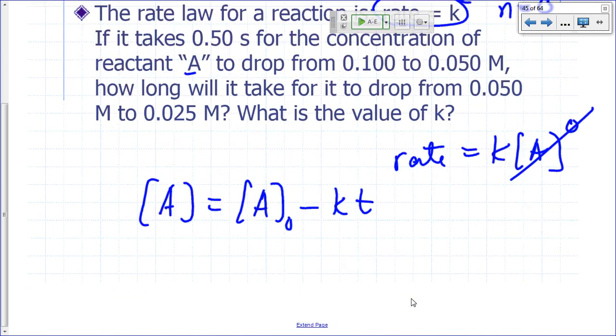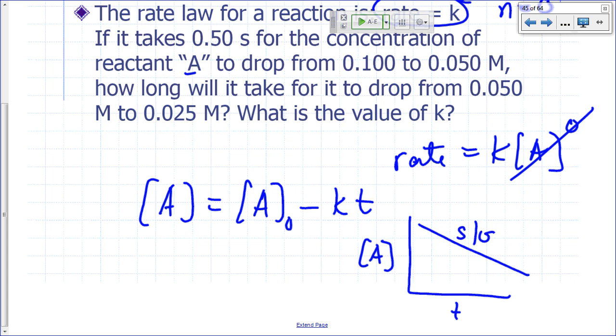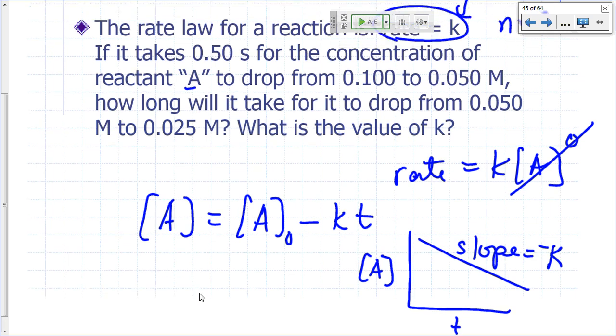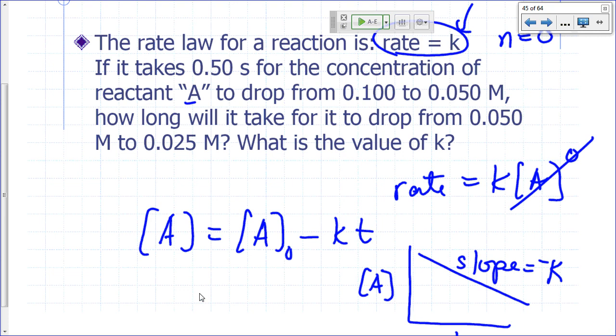You know that if it's 0 order, then concentration of A versus time is going to be a straight line, and the slope of that line is equal to negative K, right? So if it takes half a second for the concentration of reactant A to drop from 0.1 to 0.05, how long will it take to drop from 0.05 to 0.025? What's the value of K?